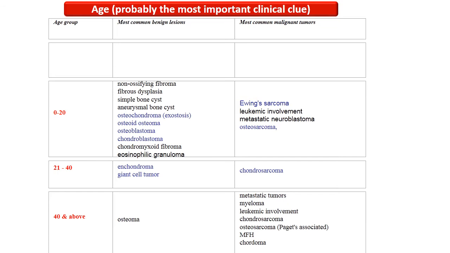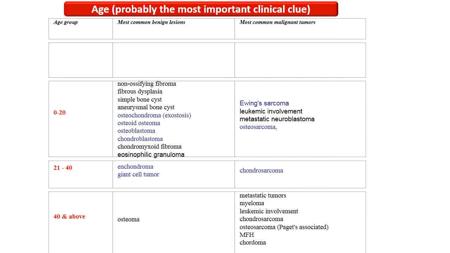The common bone tumors in the younger age group of 0 to 20 years in the benign category are non-ossifying fibroma, fibrous dysplasia, simple bone cyst, aneurysmal bone cyst, osteochondroma, osteoid osteoma, osteoblastoma, chondroblastoma, chondromyxoid fibroma and eosinophilic granuloma, while the malignant counterparts are Ewing sarcoma, leukemic involvement, metastatic neuroblastoma and osteosarcoma.